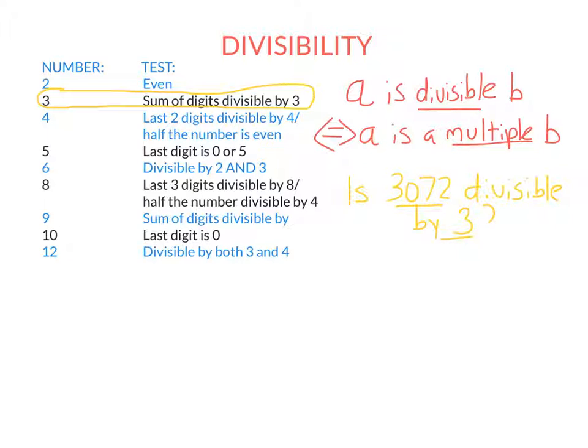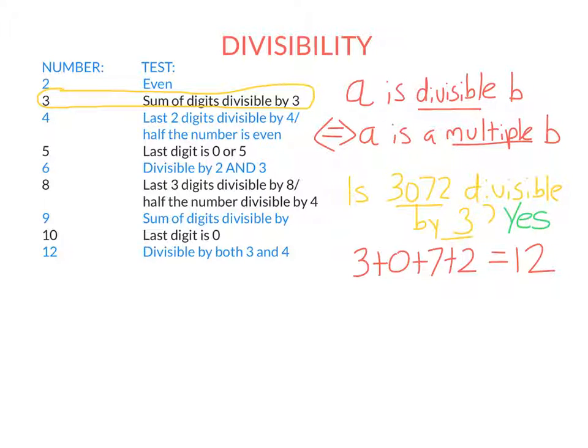So the sum of the digits of 3072, first digit plus second digit plus third digit plus fourth digit, if you add them up, you get 12. We know 12 is a multiple of 3. So that means that 3072 will be a multiple of 3 because its digits add to a multiple of 3.